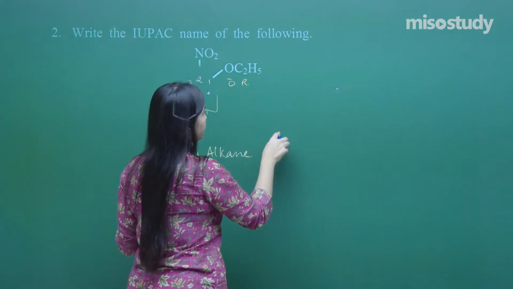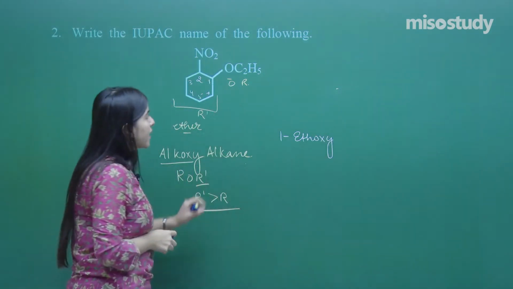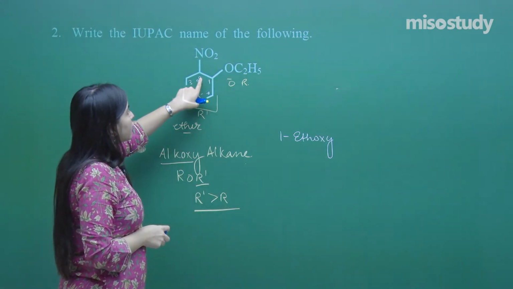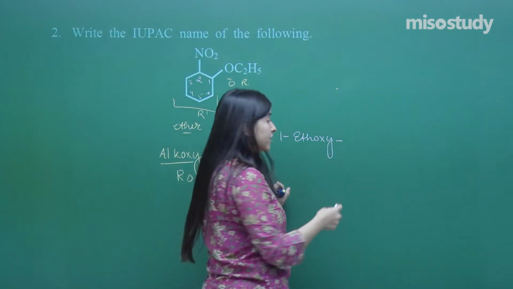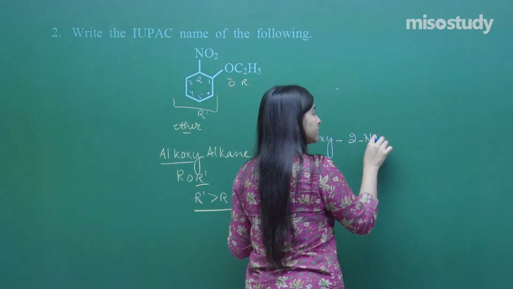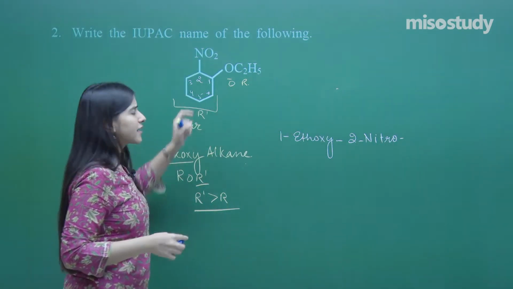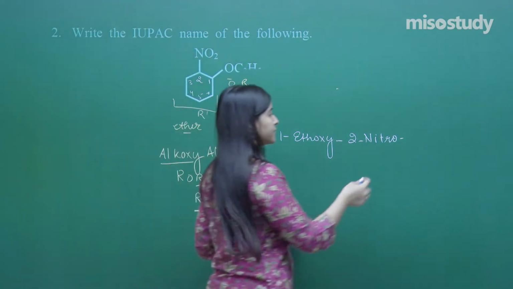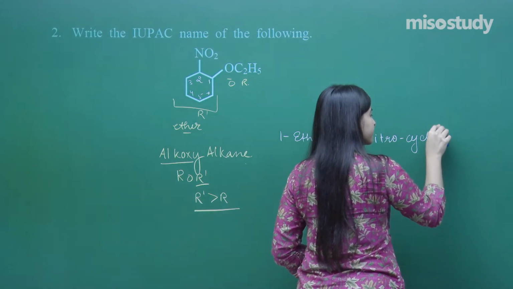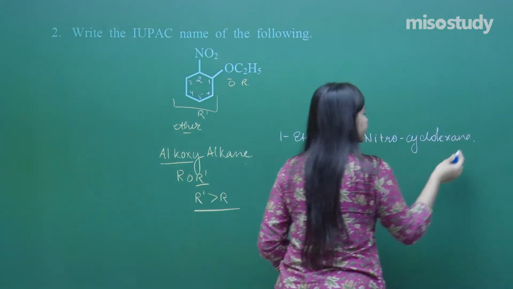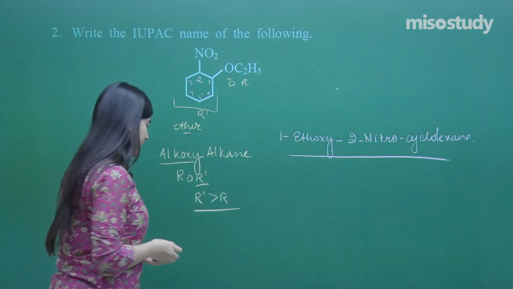So it is 1-ethoxy, yes, onto the first position I have got ethoxy, 1-ethoxy, 2-nitro, right, as per the alphabetical order again, 2-nitro, and what is it? Cyclohexane. Clear? Easy? So that is the name for this compound. Clear? So let's move on further.